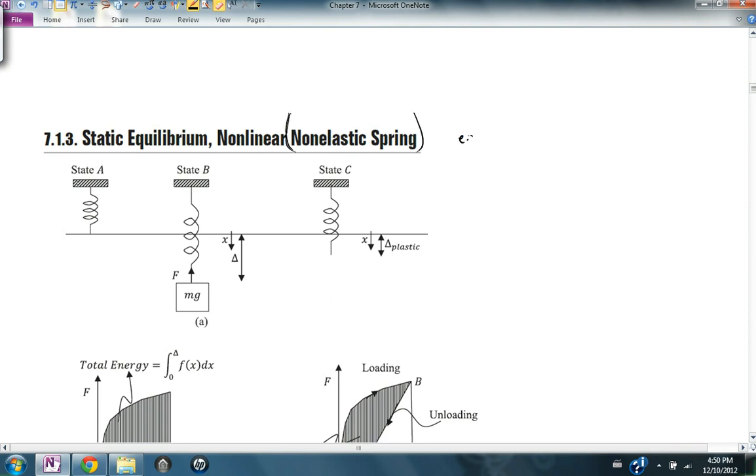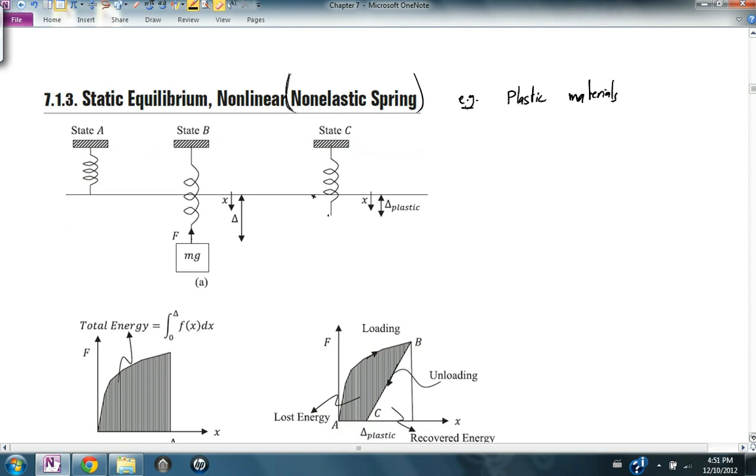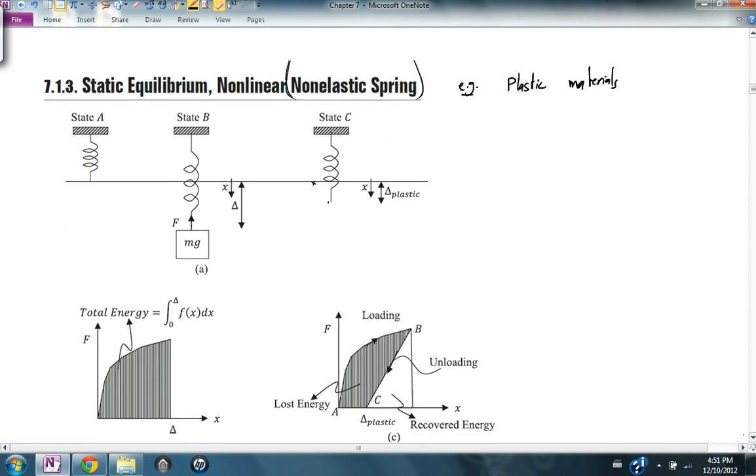For example, when you're dealing with plastic materials, you apply a certain deformation to that material or to that spring, and then after you remove the load, the spring does not go back to its original position. This means you applied a certain energy, and when you try to take it back from that spring, the spring kept some energy to itself, and that energy was used to change the internal structure of the spring. Maybe it was also used for some heating of that structure.